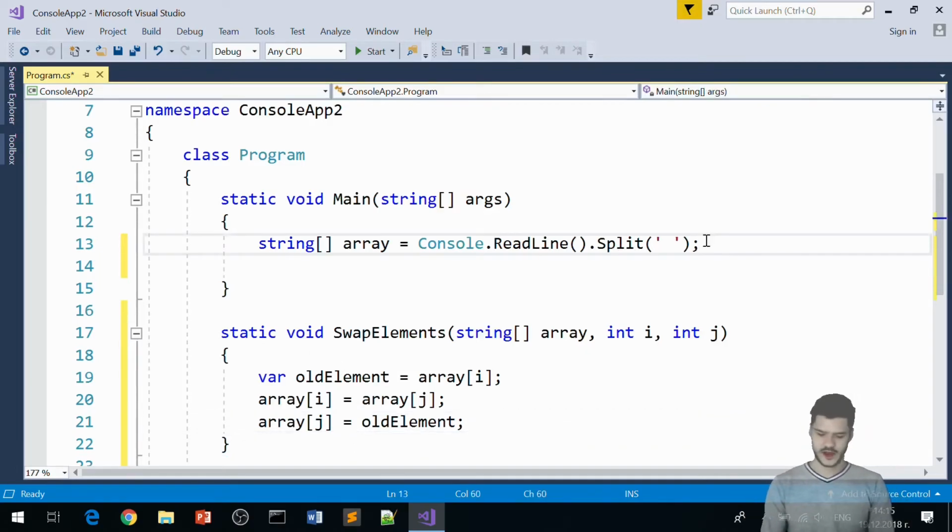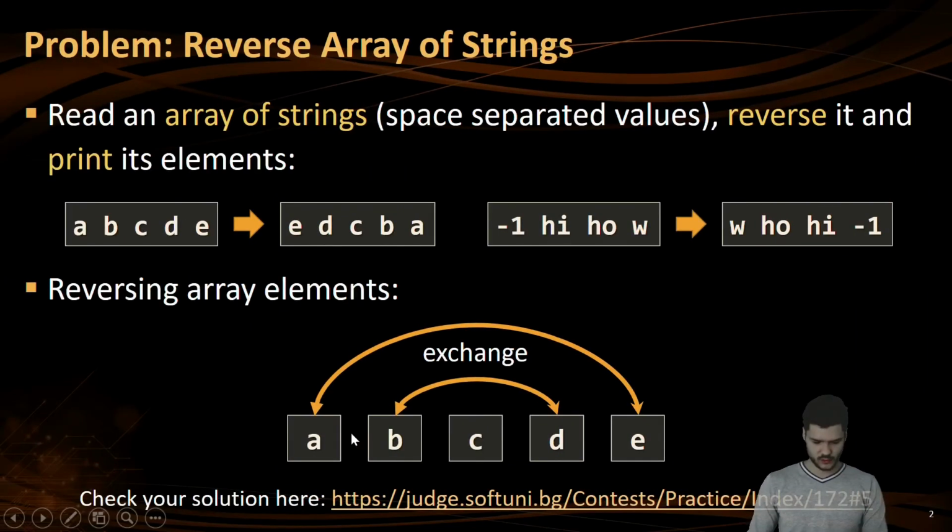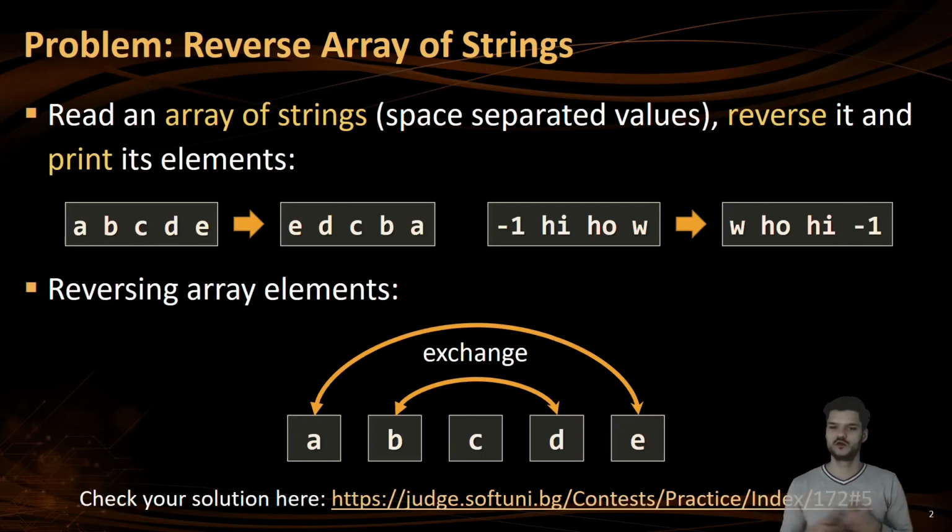What we need to do right now is go not until the end of the array, but until the middle, because if we go until the end of the array, we're going to swap twice and the array will be the same. We swap A with E, and then when we go to the end, we swap E with A, which results in the same array.